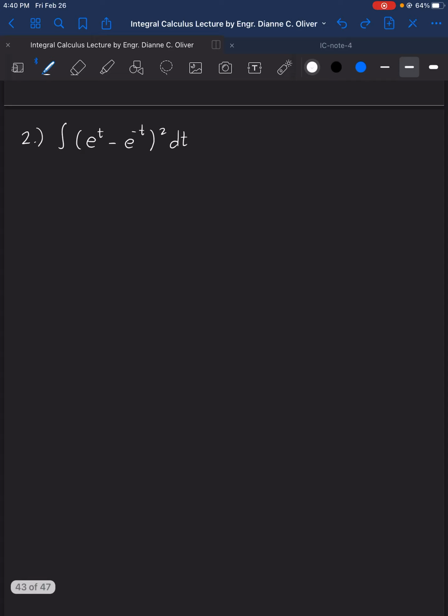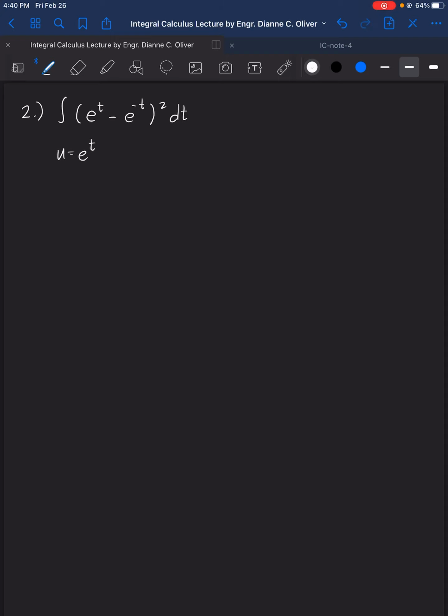Let's go to number 2. We have here the integral of (e raised to t minus e raised to negative t) raised to the power of 2 dt. Now if we let u be equal to e raised to t minus e raised to negative t, wherein we are attempting to use the power formula, the du here is equal to e raised to t, then the derivative of the exponent, minus e raised to negative t, derivative of the exponent.